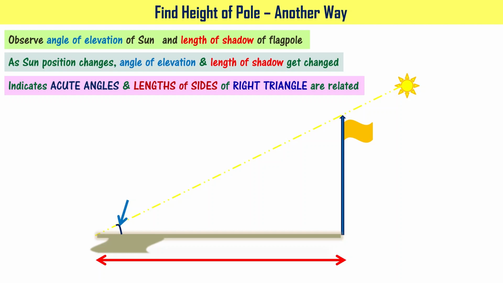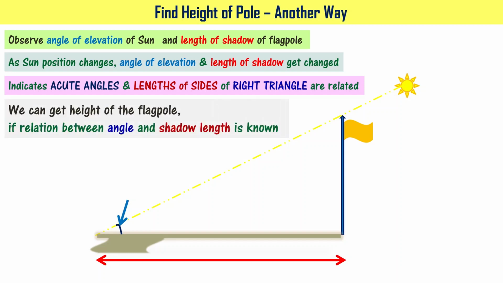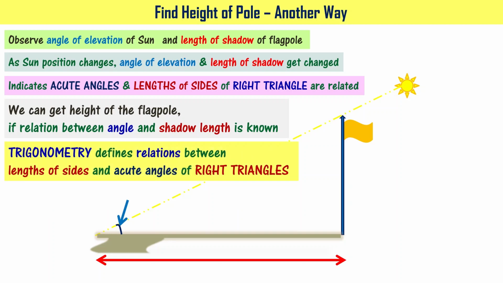For this particular case, as the angle of elevation changes, the shadow length is changing, right? That's what I'm saying here. It means we can get the height of the flagpole if the relation between the angle and shadow length is known, right? Trigonometry defines the relations between lengths of sides and acute angles of right triangles. Please take a note of this. It means we can solve this particular problem with the help of trigonometry, right?